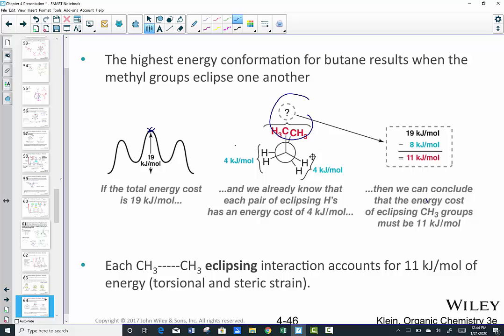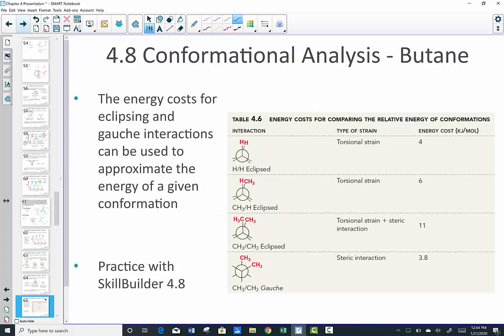We know that H to H is a 4 kJ cost, and here's a second 4 kJ cost. But this guy here, this is an 11 kilojoule per mole cost, giving us a total of 19 kilojoules of energy between those conformations. And so when you look at the eclipsed position, you could have a methyl to methyl eclipsed, methyl to hydrogen eclipsed, or a hydrogen to hydrogen eclipsed.